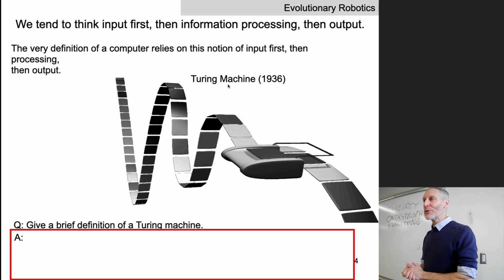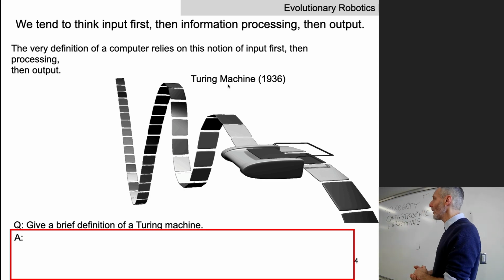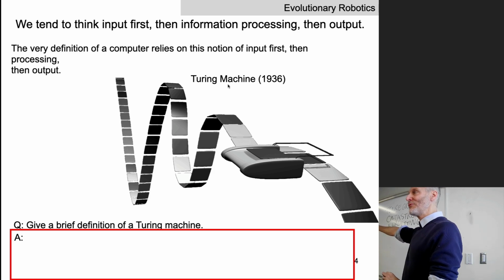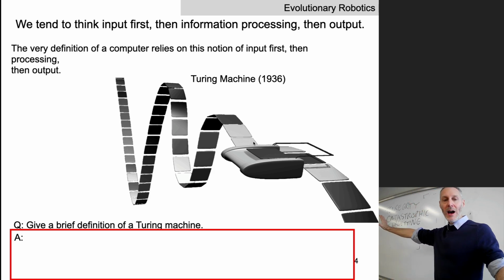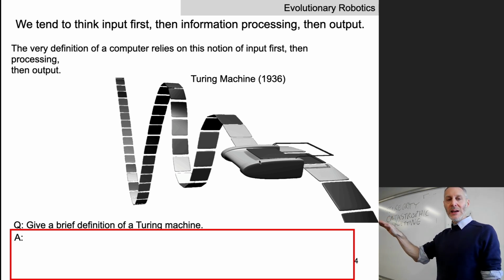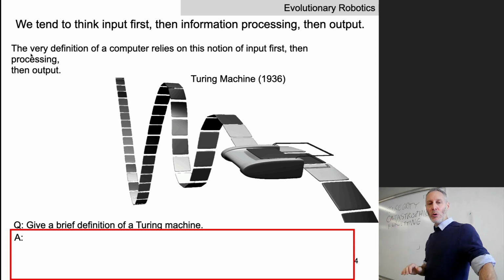So in 1936, Alan Turing, one of the pioneers of computers in general, came up with a thought experiment. This was before any physical computers existed. He said, imagine a physical machine, a device, that can move back and forth over an infinite tape, and that tape is broken up into a number of sections.